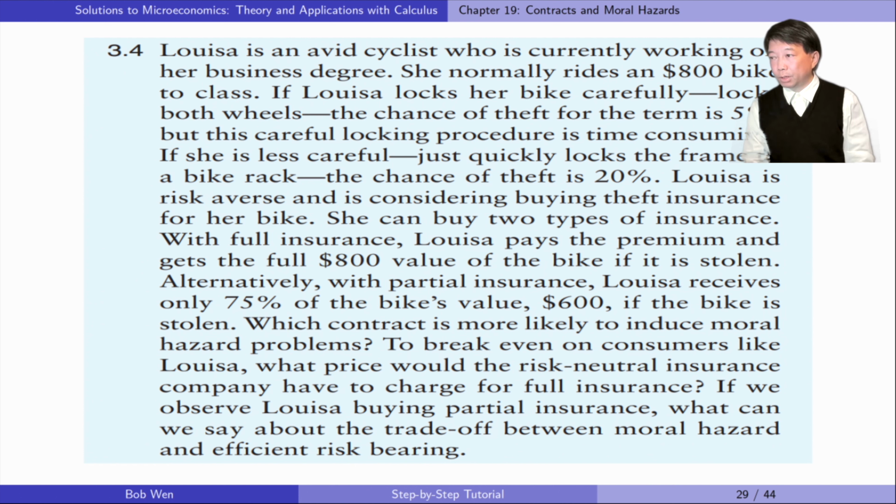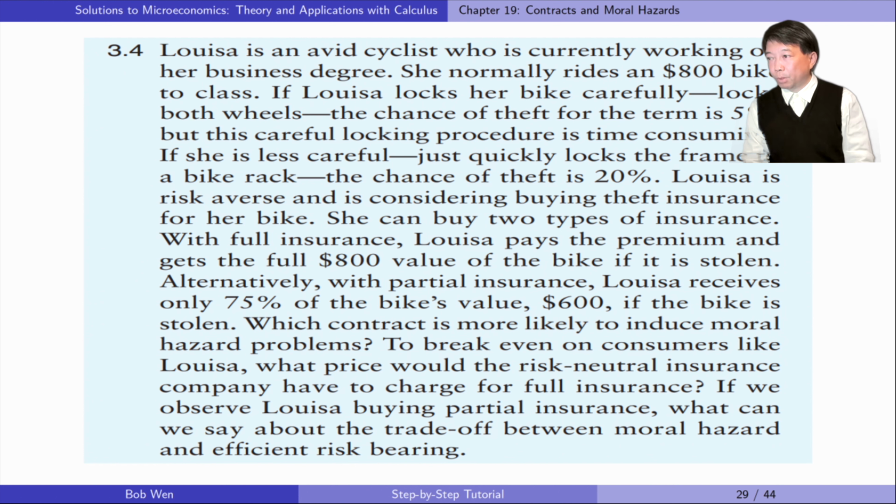She can buy 2 types of insurance. With full insurance, Louisa pays the premium and gets the full $800 value of the bike if it is stolen. Alternatively, with partial insurance, Louisa receives only 75% of the bike's value, $600, if the bike is stolen.